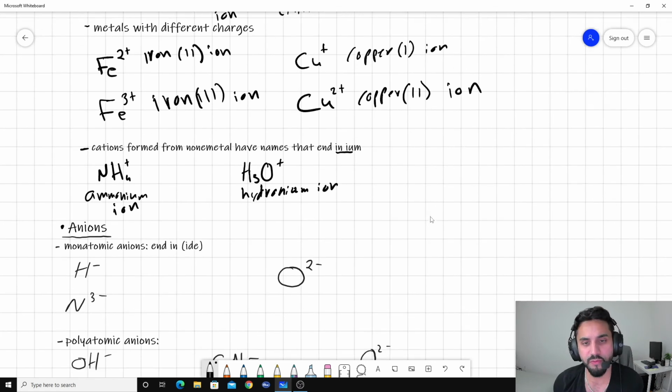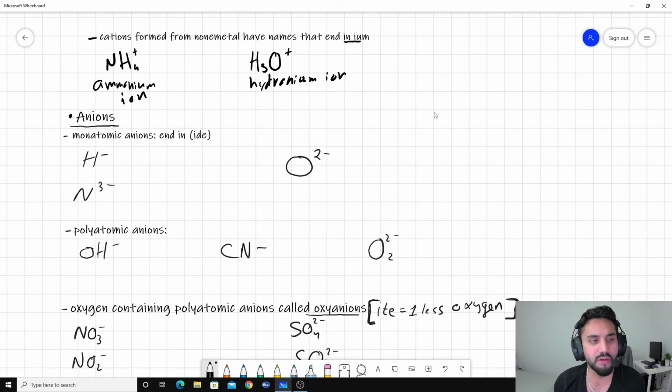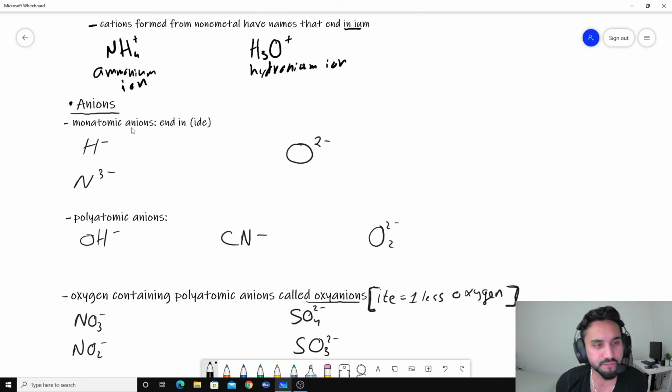Since we talked about cations, now let's talk about anions. Here it says monatomic anions, and then IDE. Monatomic means an ion made up of one type of atom, one atom. Mono means one, atomic, atom.